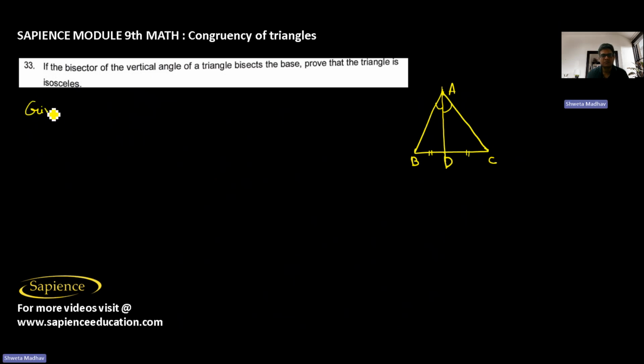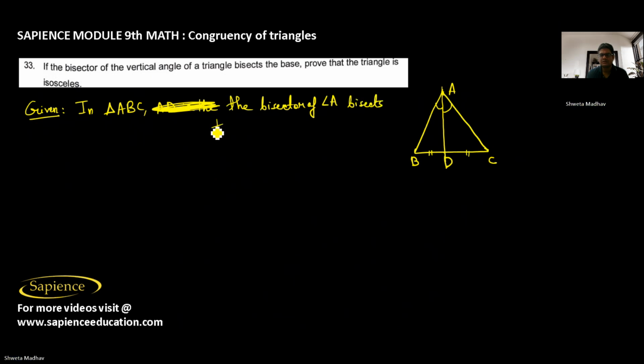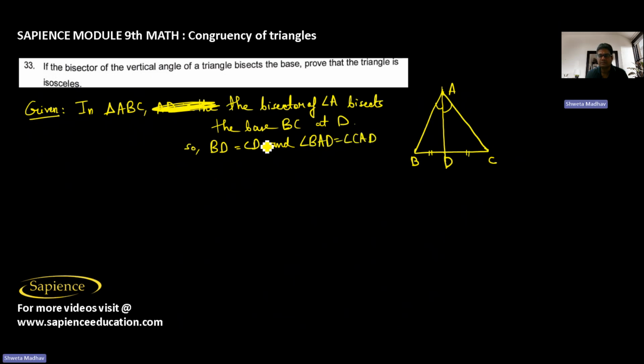So it is given, suppose that in triangle ABC, AD is the bisector, or I can say in triangle ABC, the bisector of angle A bisects the base BC at point D. So it is given that BD is equal to CD and angle BAD is equal to angle CAD. So this is given.